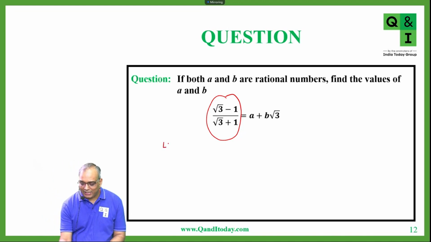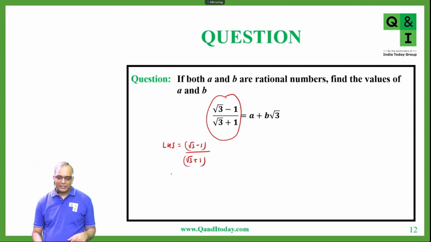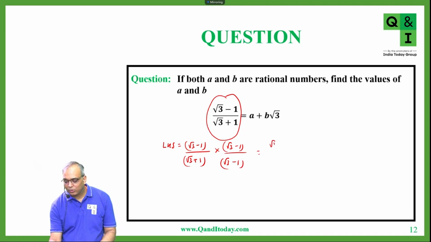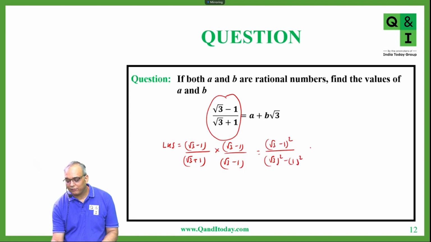So you start with LHS. This is root 3 minus 1 over root 3 plus 1. Now, to rationalize the denominator, you will multiply by the conjugate of the denominator, that is root 3 minus 1, in both numerator and denominator. So you are going to get root 3 minus 1 whole square divided by root 3 square minus 1 square.